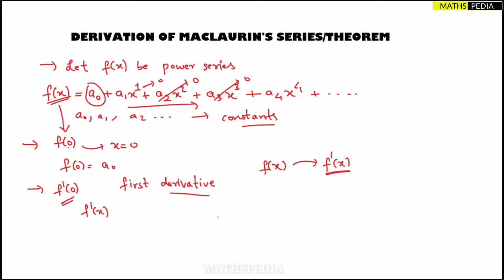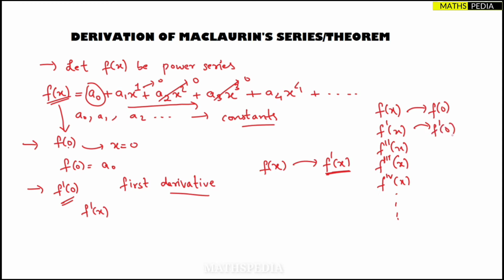So let us find out f dash of x. The basic meaning of this derivation I will just tell you. We are going to find out first f of x, then f dash of x, then f double dash of x, then f triple dash, then the fourth derivative, and so on. And corresponding to that, we are going to find out the function value when x equal to 0.